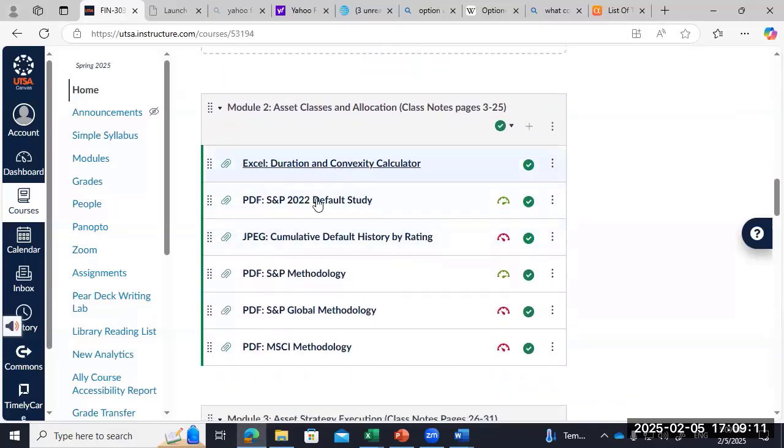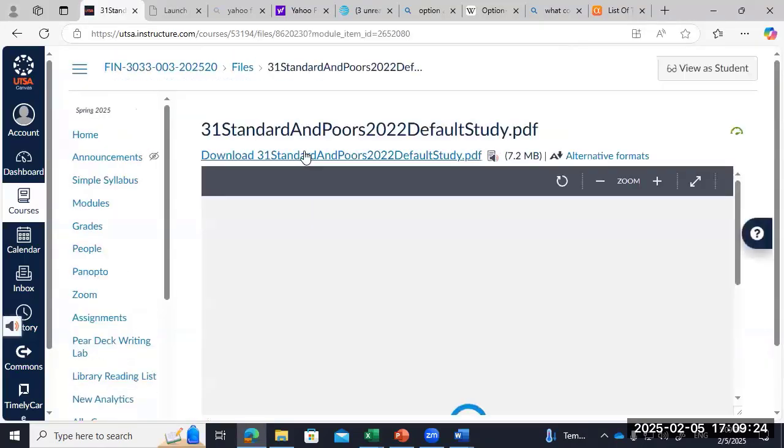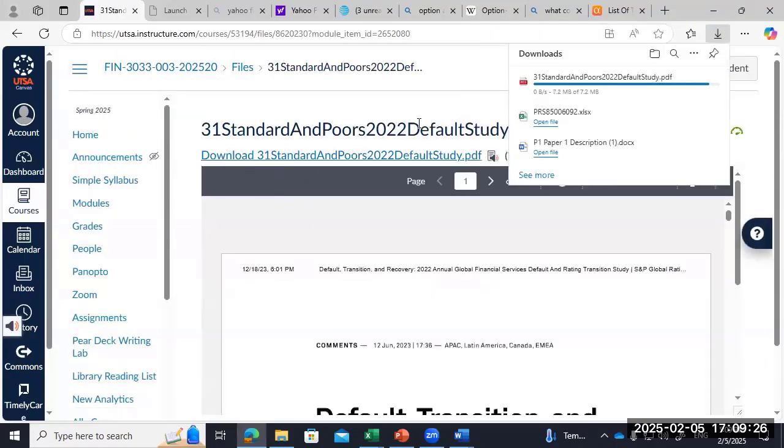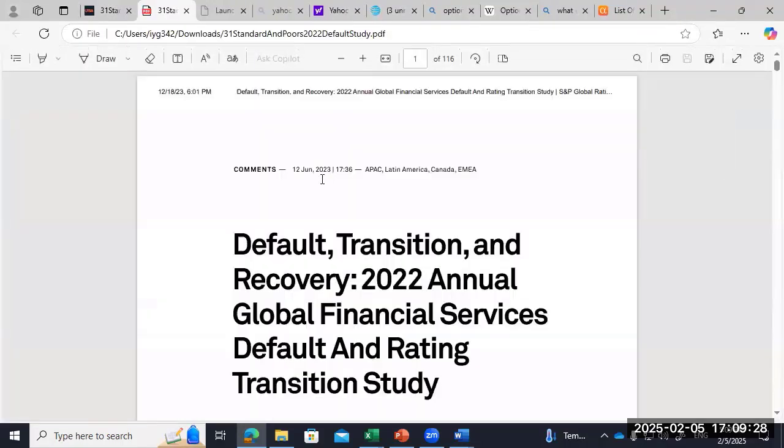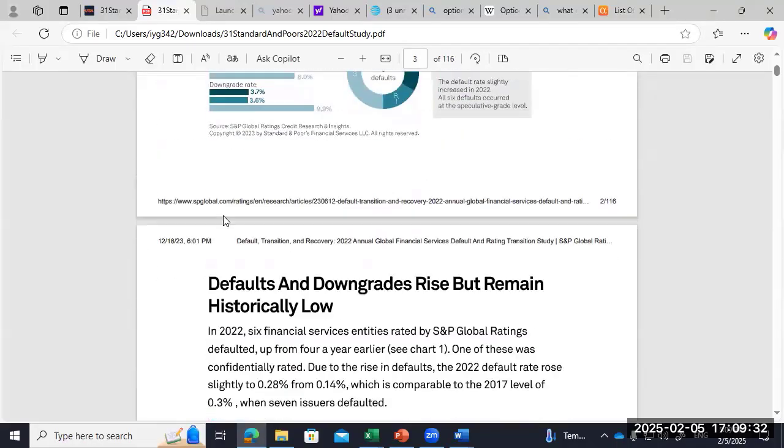Oh, here it is. Wait, I do have it. S&P 2022 default study. You might make sure you take that and save it, because if you have an interview with a firm that does a lot of credit, a lot of corporate bonds or municipal bonds, it looks really lengthy. 116 pages, but it's a lot of charts.